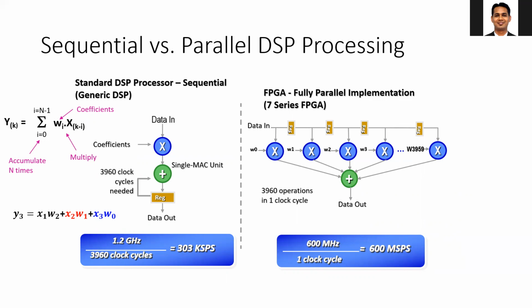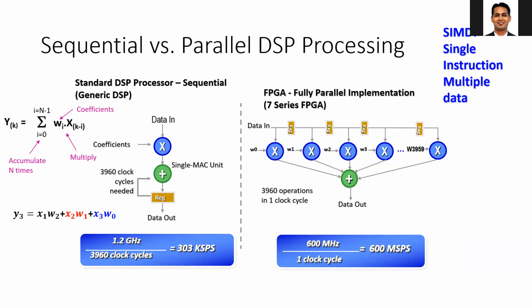So you get a throughput of 600 megasamples per second. So whenever there is a task where you can exploit parallel execution, it is better to offload it to the FPGA or some other coprocessor.